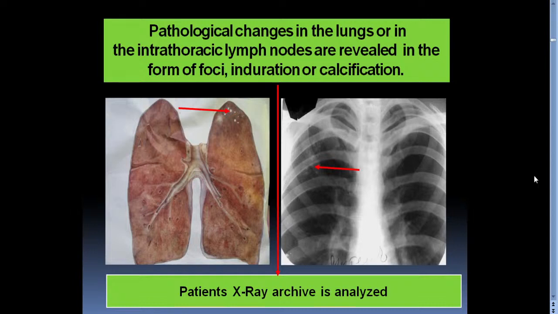If pathological changes in the lungs or in the intrathoracic lymph nodes are revealed in the form of foci, induration, or calcification, the patient's X-ray archive is analyzed. On this X-ray, you can see focal shadows in the right lung. In this case, we should analyze the X-ray archive.